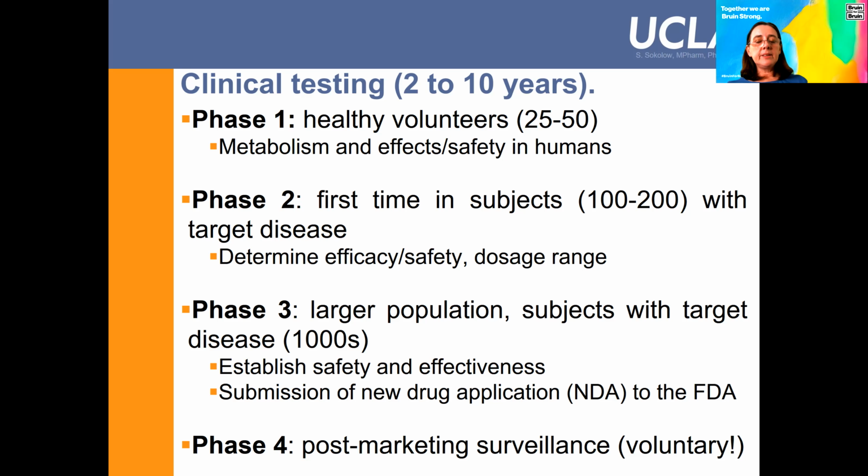And then again, the outcome measure is to look at benefit in terms of symptoms, but also length of hospitalization and mortality reduction. And here again, I'm talking about a trial for an antiviral for COVID-19.